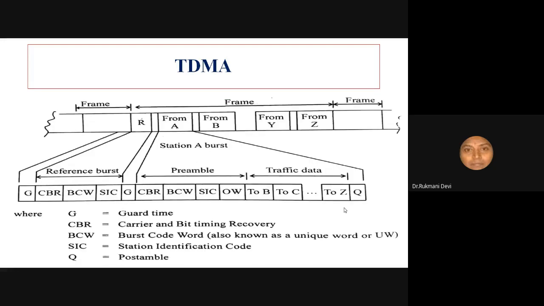Now what is the frame format of the TDMA? How is the frame format sent through the station? Here the frame consists of the reference frame, and then you have slots from the earth stations, and each and every station has its burst signals.